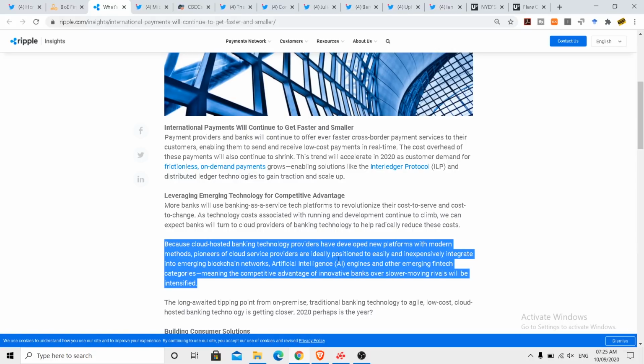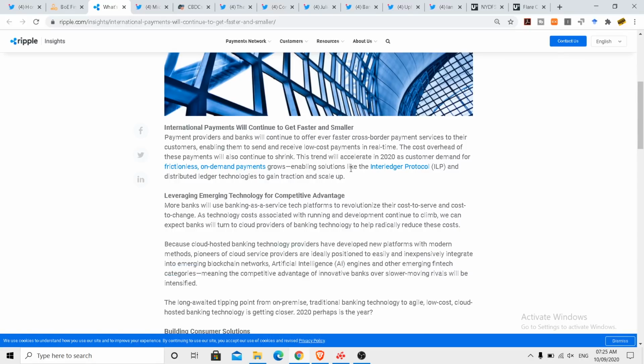Why? Because it provides you the best interoperability solution using ILP, which is the Interledger Protocol. So now with ILP and the on-demand liquidity platform, you actually get to experience frictionless payment. Now that is the trend which is being accelerated in 2020.